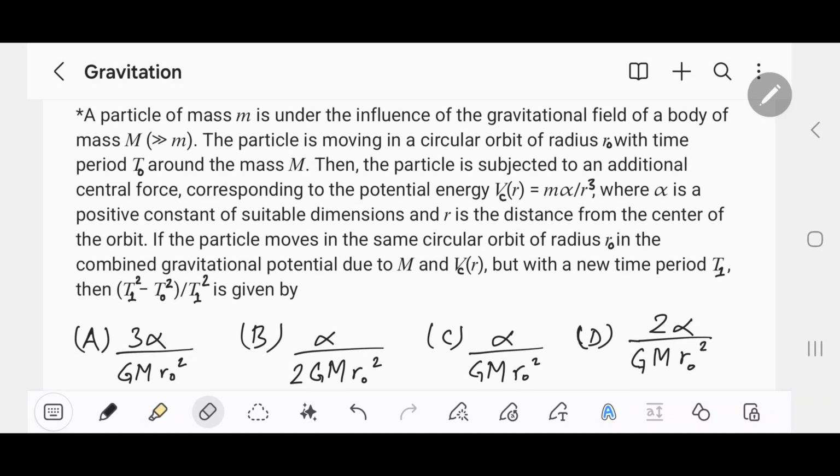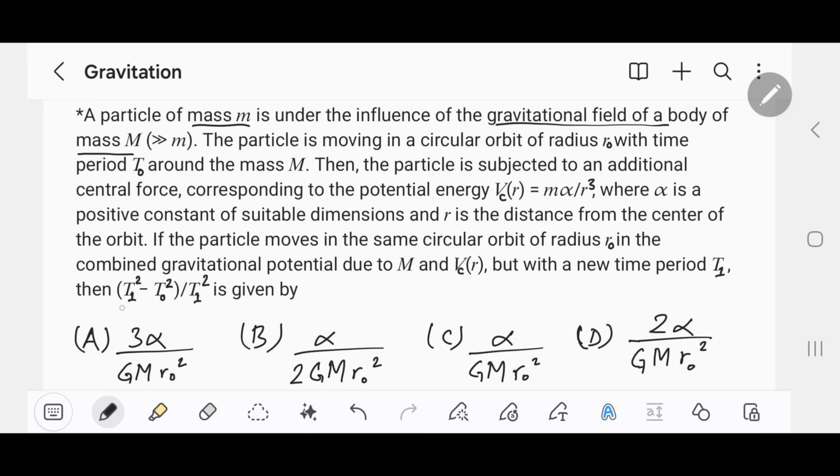Today we are going to solve this problem related to the topic gravitation. Here we are given a small mass m that is under the influence of the gravitational field of a larger mass capital M. The small mass m is moving in a circular orbit of radius r naught with time period t naught around the mass capital M. If another central force, or let's say another potential energy, is added in the system, then also the particle will still be in the same circular orbit of radius r naught, but now with the new time period t1.